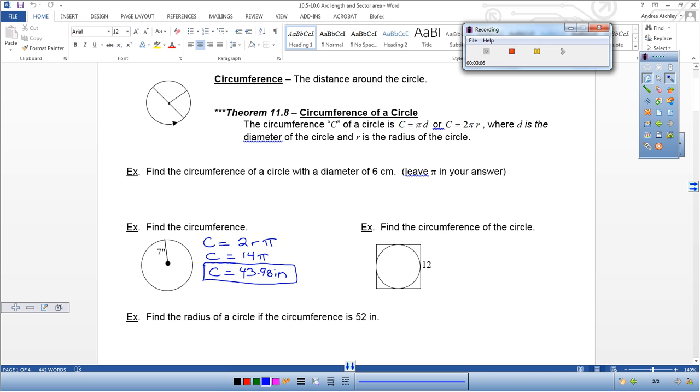Okay, find the circumference of the circle. What is 12? What part of the circle is 12? So 12 is the length of the side of the square, but how does that relate to my circle?